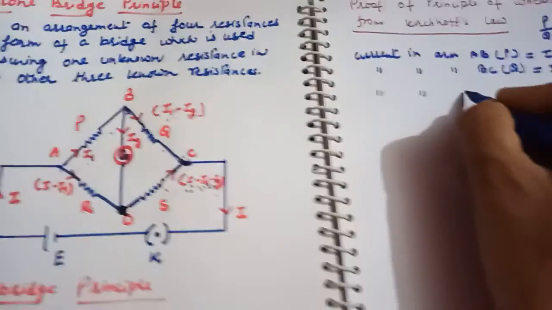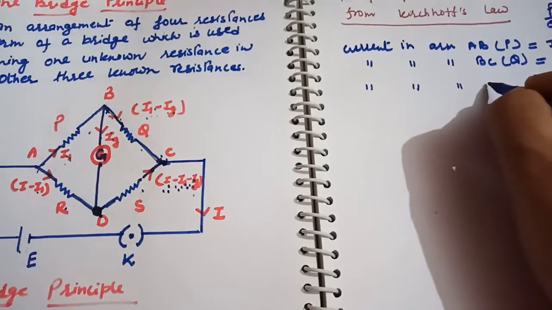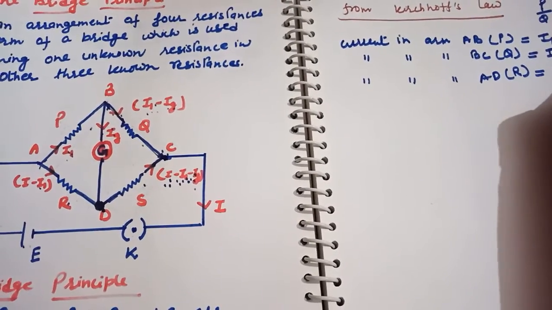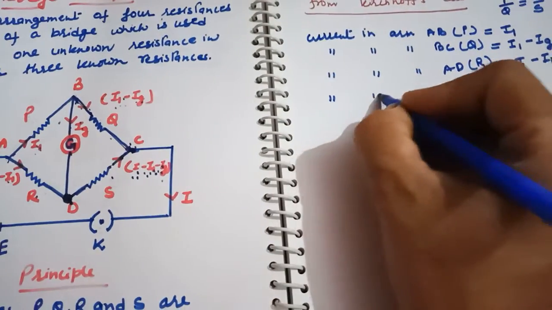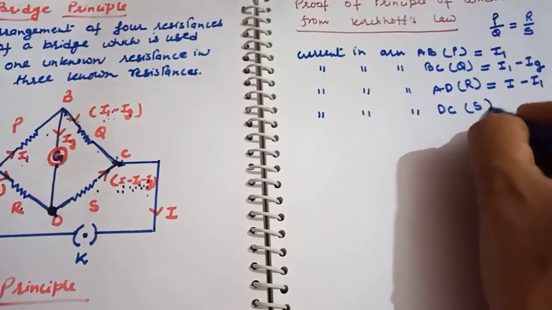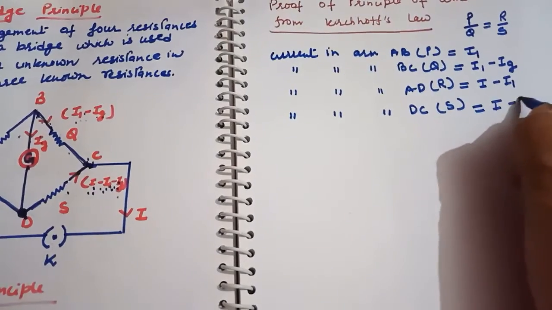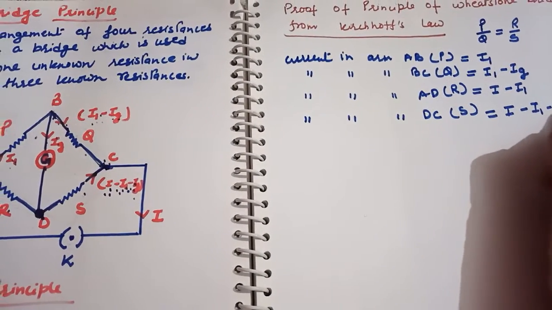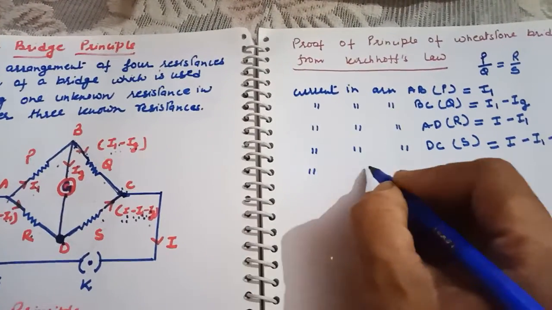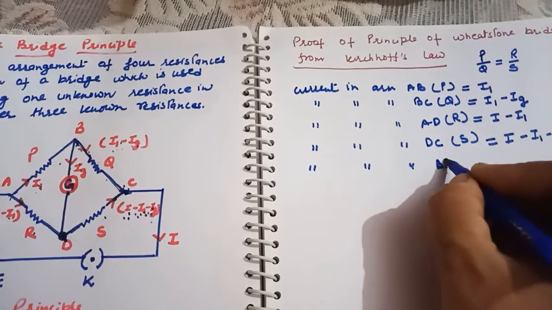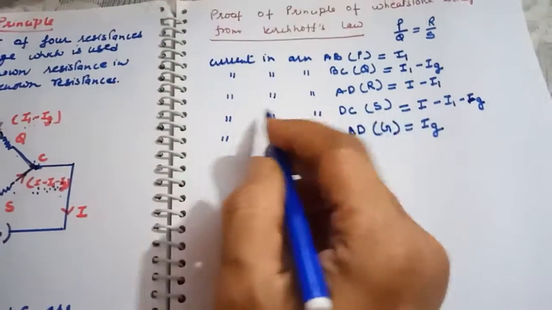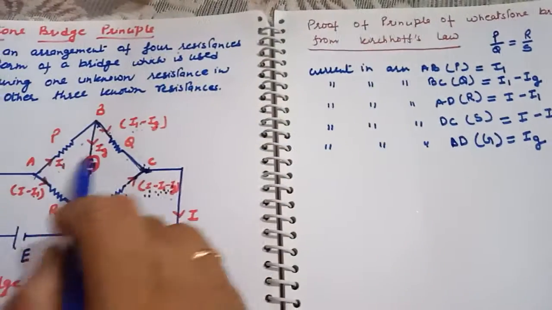Now the current in arm AD, means in the resistance R, is I minus I1, and the current in arm DC, means resistance S, is I minus I1 minus Ig. Okay, and the current in the arm BD, means in the galvanometer, is Ig. So these are the different currents in the different arms.